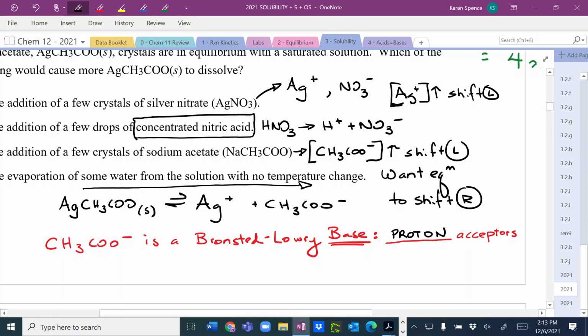And when we say proton in the context of acids and bases, what do we mean? What is a proton? It is an H+ ion, because if you think about it, hydrogen, what is it?